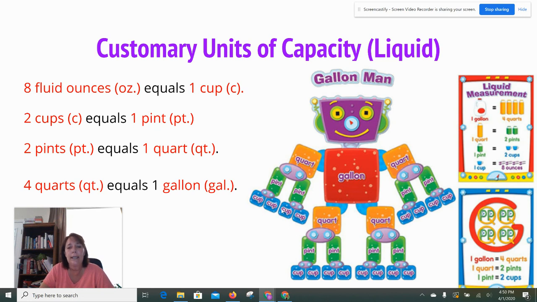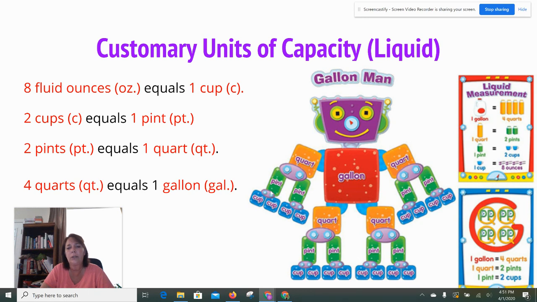If you look at the gallon man's hands, 2 of the cups are attached to 1 of the pints, so it takes 2 cups to make 1 pint. 2 pints, which are the green ones here, are attached together, and they're attached to the quart.